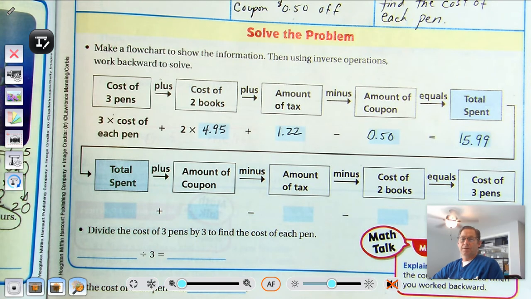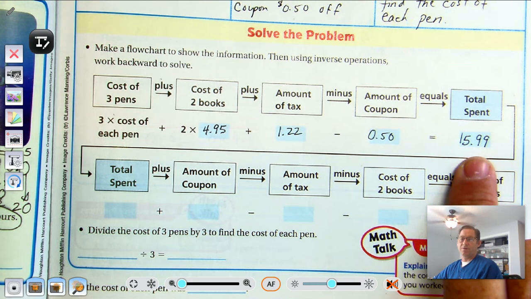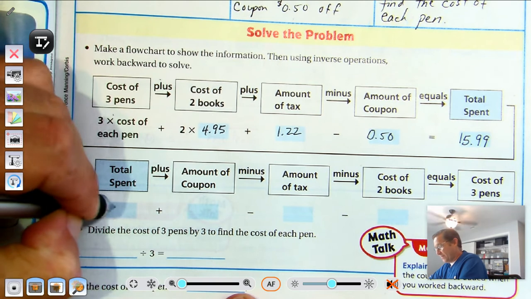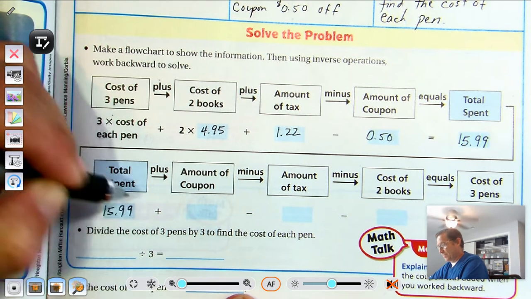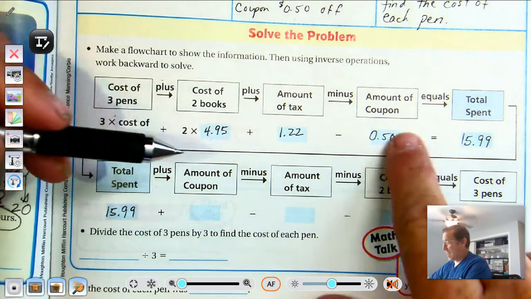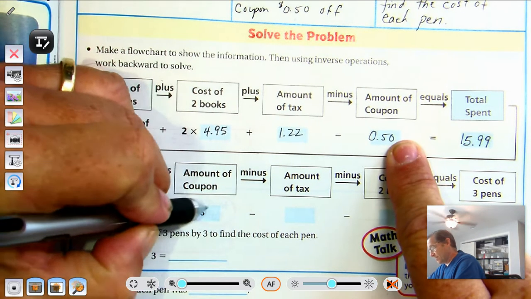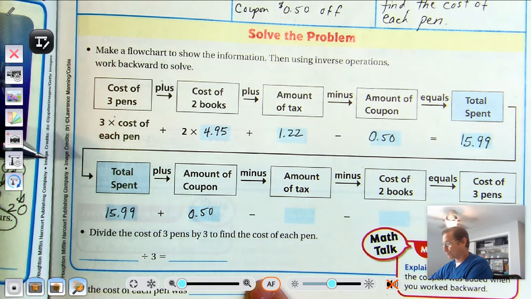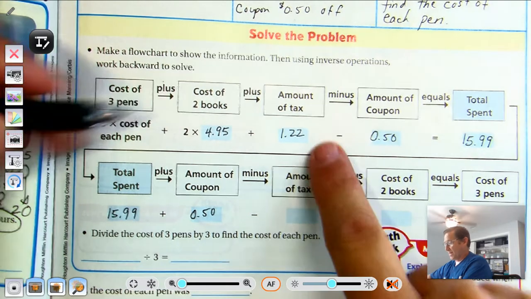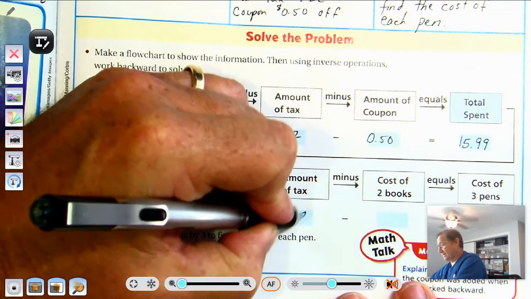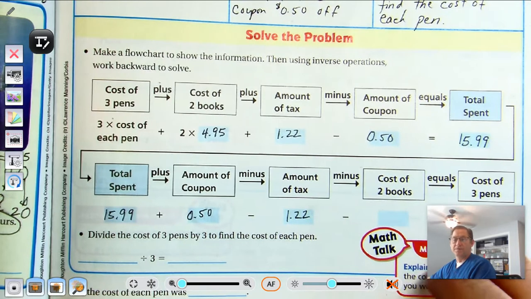Okay. So we've put in all the information that we were given, and we know that he spent $15.99. Now let's work backwards from that. So he spent $15.99. Let's add back the amount of the coupon that he took off. Okay. And we're going to subtract the sales tax again because that wasn't part of the cost of the pens or the books.